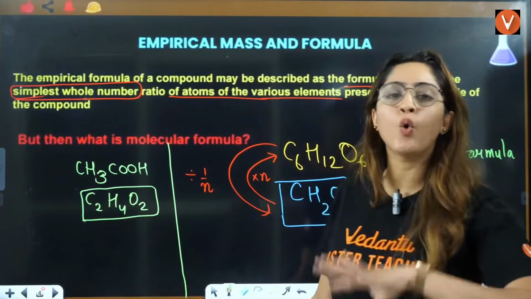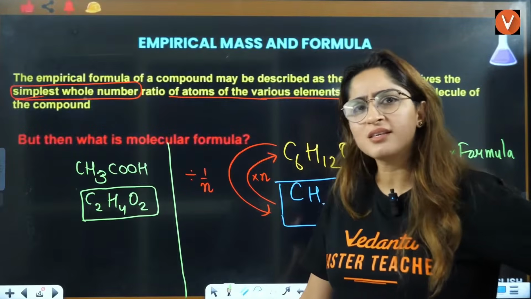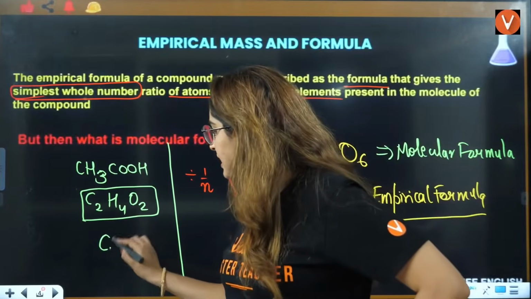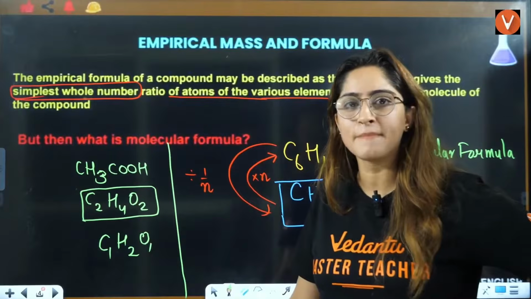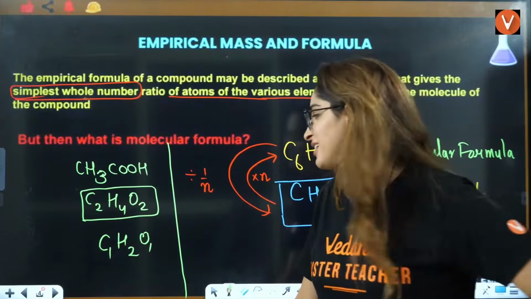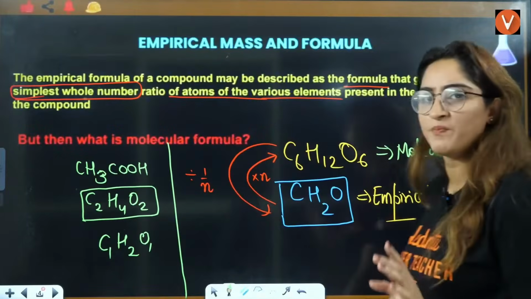Now, if I give you only the molecular formula, will you be able to calculate the empirical formula? Easily. How? This is C1, this is H2, this is O1, right? Now, can you see one thing? This is also CH2O, this is also CH2O.